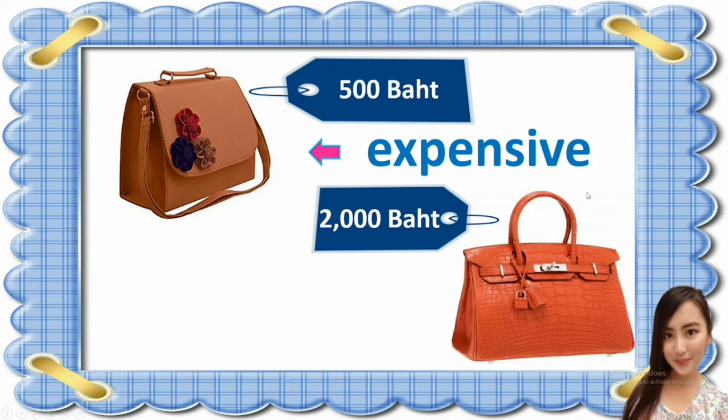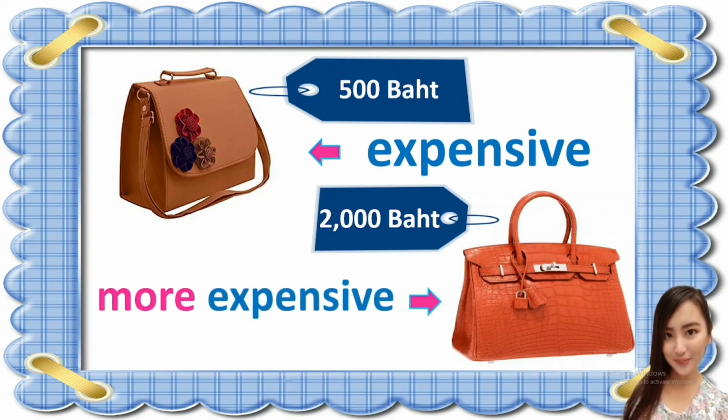This is an adjective and it's long. Expensive, 3 syllables. To make the comparative form, we add more before the adjective. We say more expensive. This is expensive, but this is more expensive.